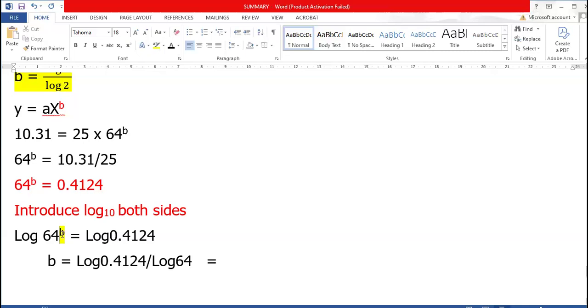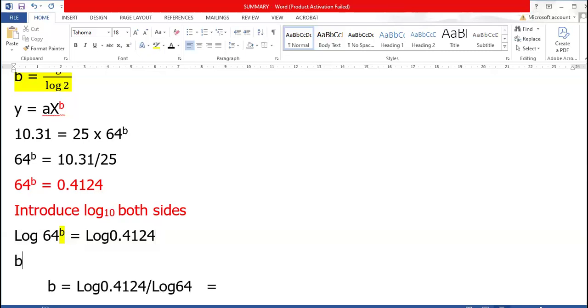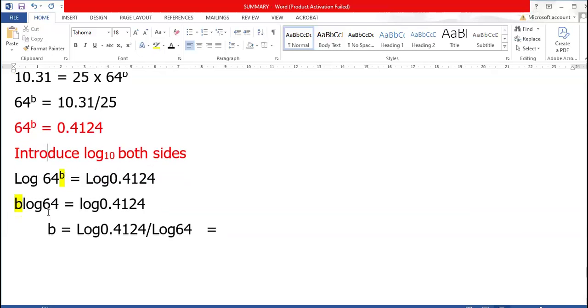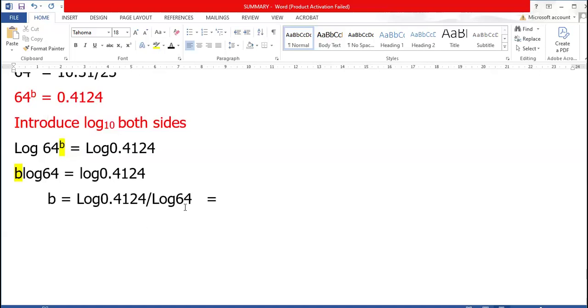It's like this, when you have this log it comes this side where it becomes B log 64 is equal to log 0.4124, but I just wanted to simplify. So you want to remain with B alone. So you divide. What do you get on your calculator? Negative 0.213. That is your B.